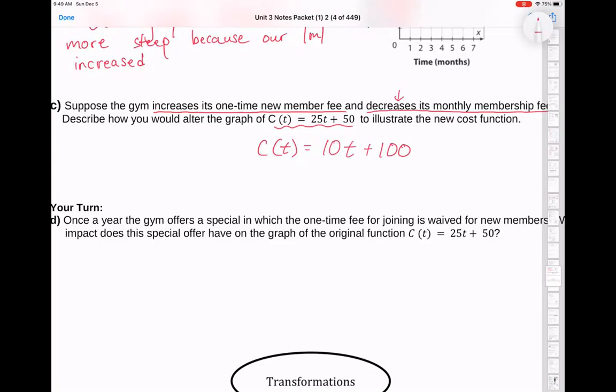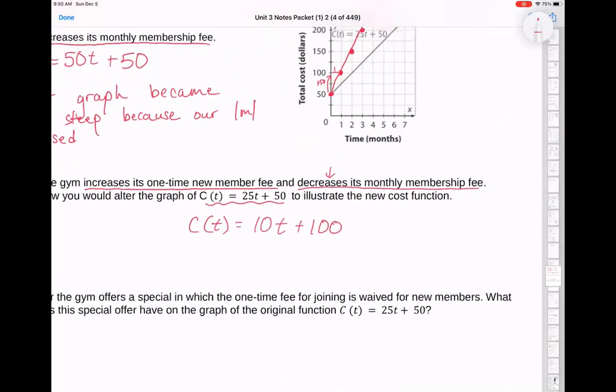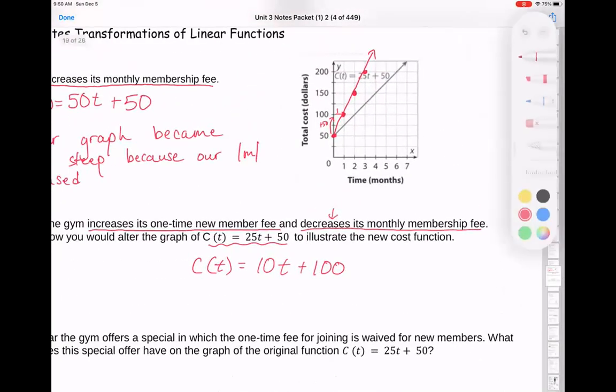So what would that graph kind of look like? Like what would happen to the function here? Well, according to our graph, we'll go ahead and clean up this other one. In this scenario, what we've done is we have increased the B value. So now it's at 100. But our slope is now smaller, right? It's not 25, now it's 10.